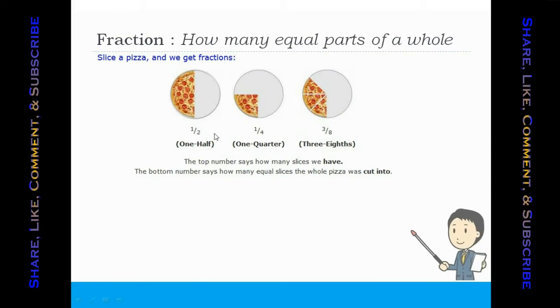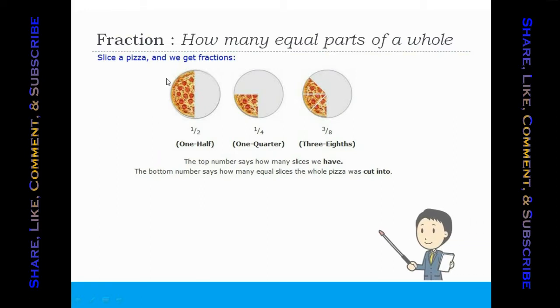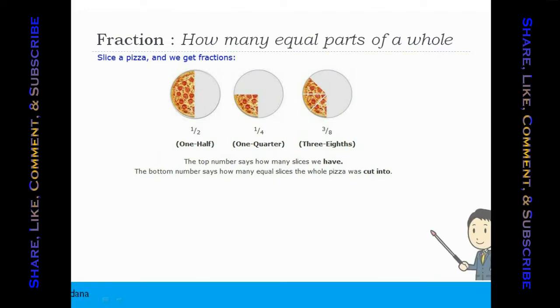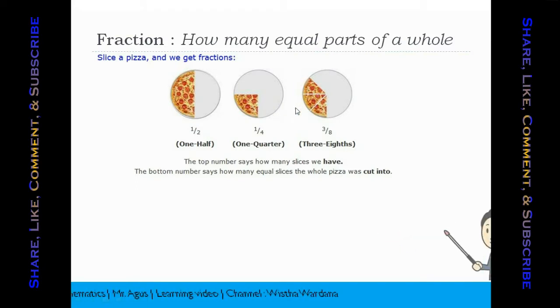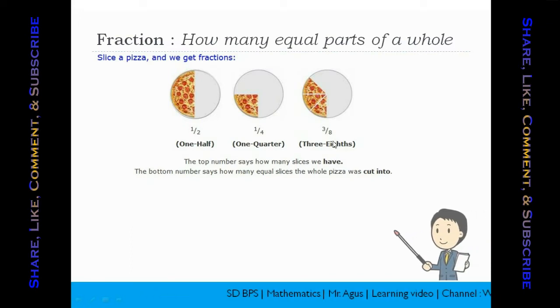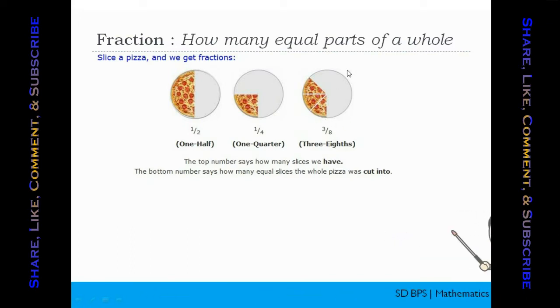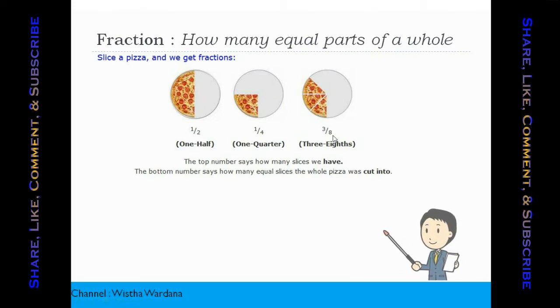And in the first figure, one pizza cut into 2 equal parts. And in the third figure, we have one pizza cut into 8 equal parts. That's why the bottom number is 8.